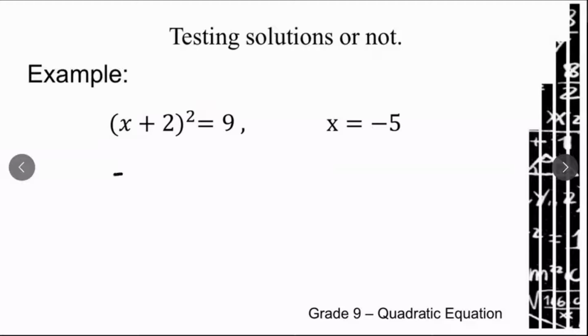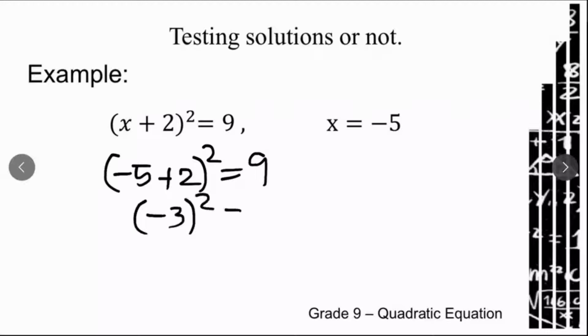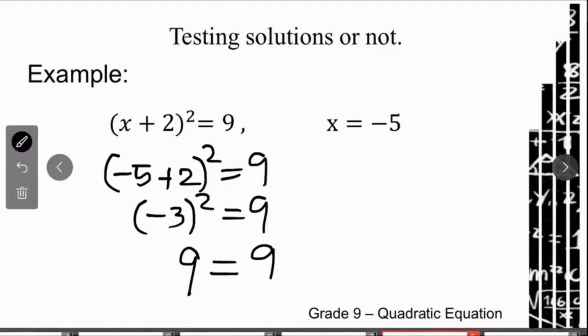Substituting −5 for x, (−5 + 2)² = 9. −5 plus 2 is −3, squared is equal to 9. −3 multiplied by −3, or (−3)², is +9, which is equal to 9. Always remember, if we're given an exponent, we need to multiply the base by itself.